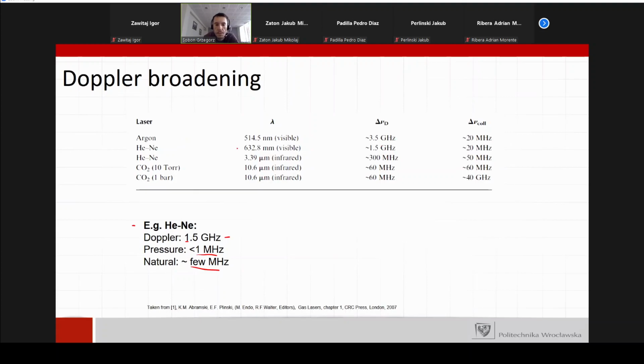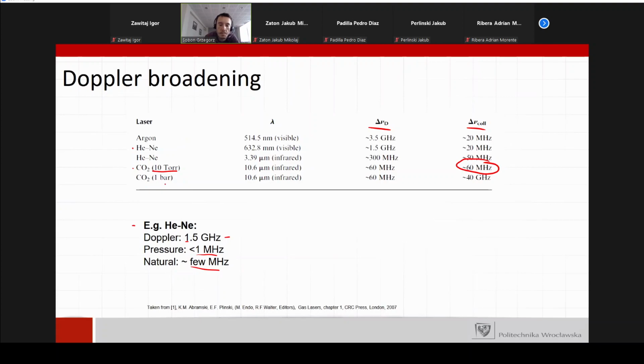So this table summarizes also some Doppler broadening and collisional broadening line widths for helium neon and CO2 laser. So you already see here what is the difference between the line width of a CO2 laser, which is at the low pressure of 10 torr. It's at the level of 60 megahertz.